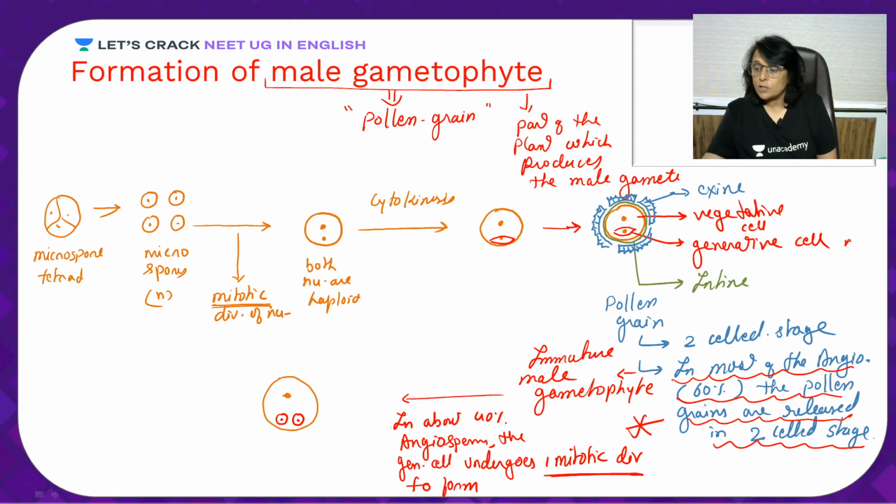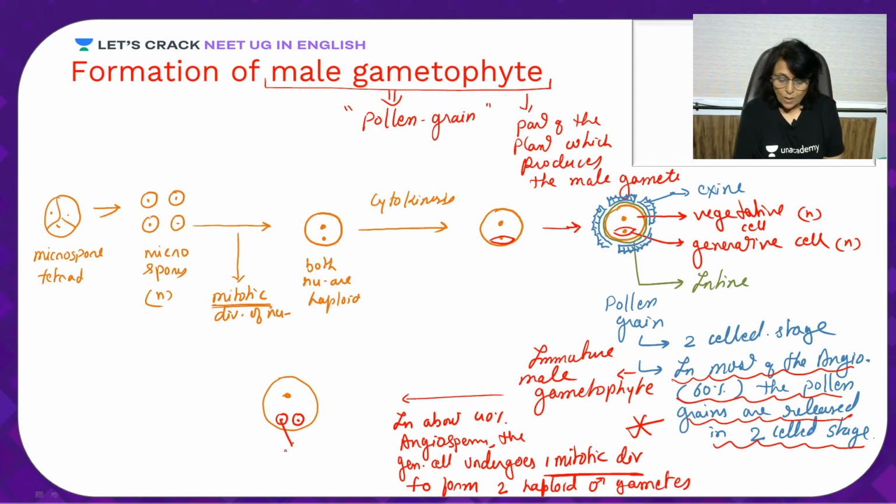Generative cell was haploid, vegetative cell was haploid. So if haploid generative cell is undergoing mitotic division, the two daughter cells will be haploid to form two haploid male gametes. So these two are the haploid male gametes.